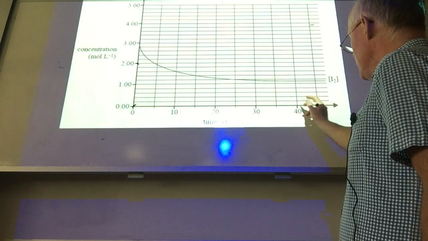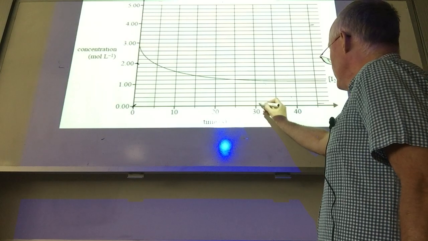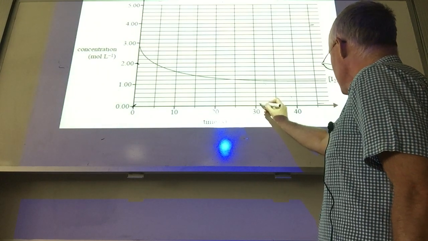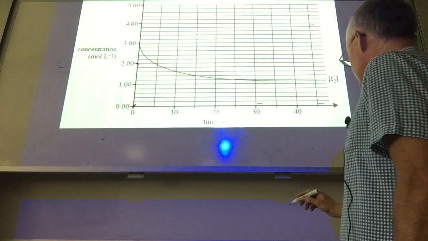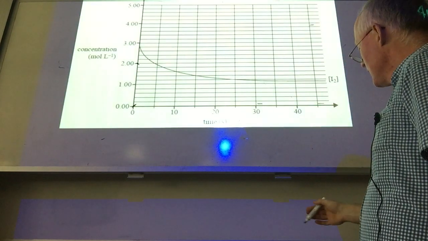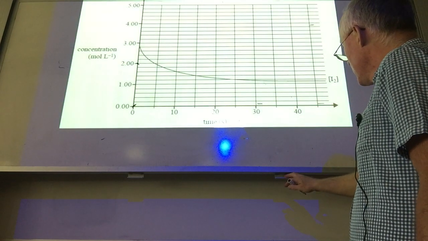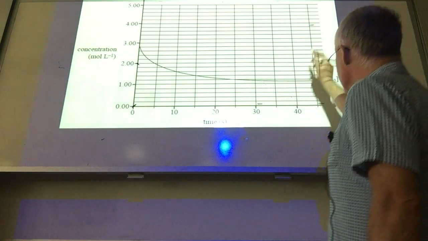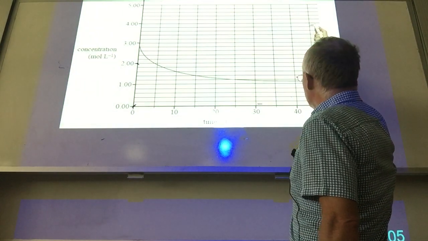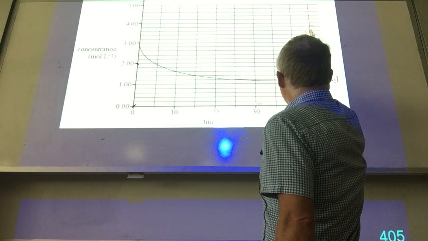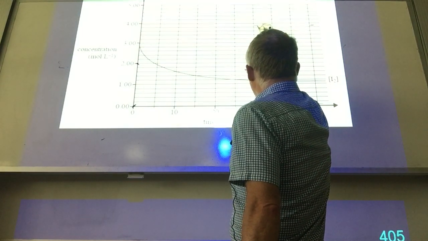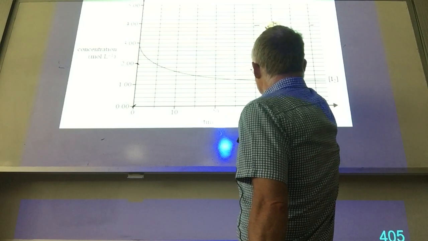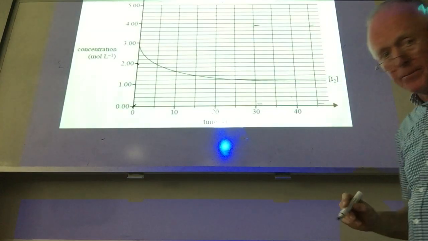So from pretty much here across, just over 30 across, the concentrations are going to have to be perfectly horizontal because the system is at equilibrium. And the same for the hydrogen iodide line. It's going to be at equilibrium from about here on.